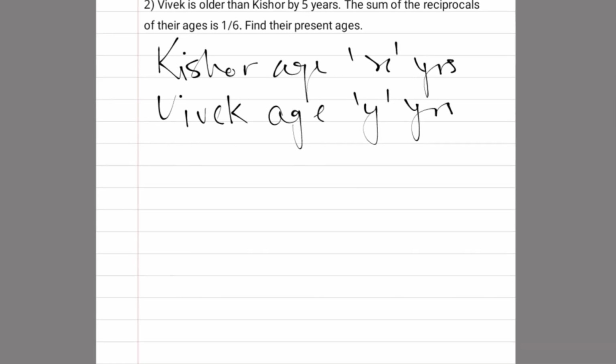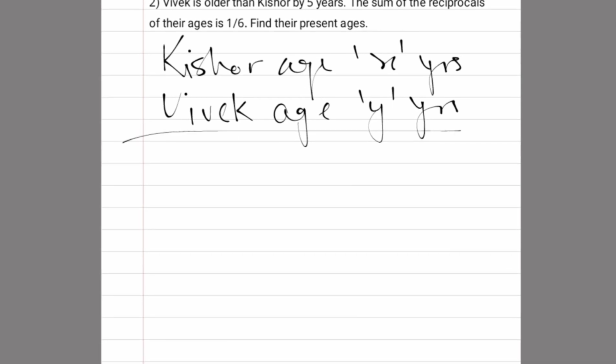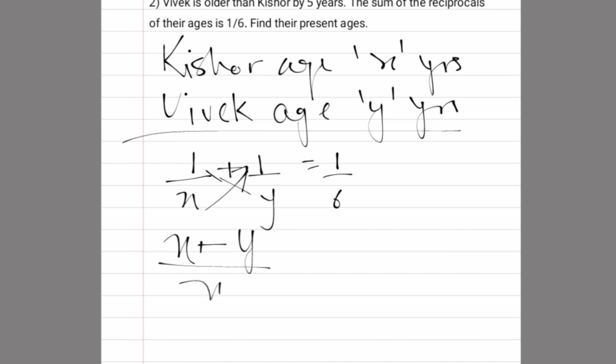So we have assumed these two variables, x and y, and the condition given is that the sum of the reciprocals of their ages is 1/6, that is 1/x plus 1/y is equal to 1/6. Now if we take the LCM here, we get (x plus y) upon (x into y) is equal to 1/6.